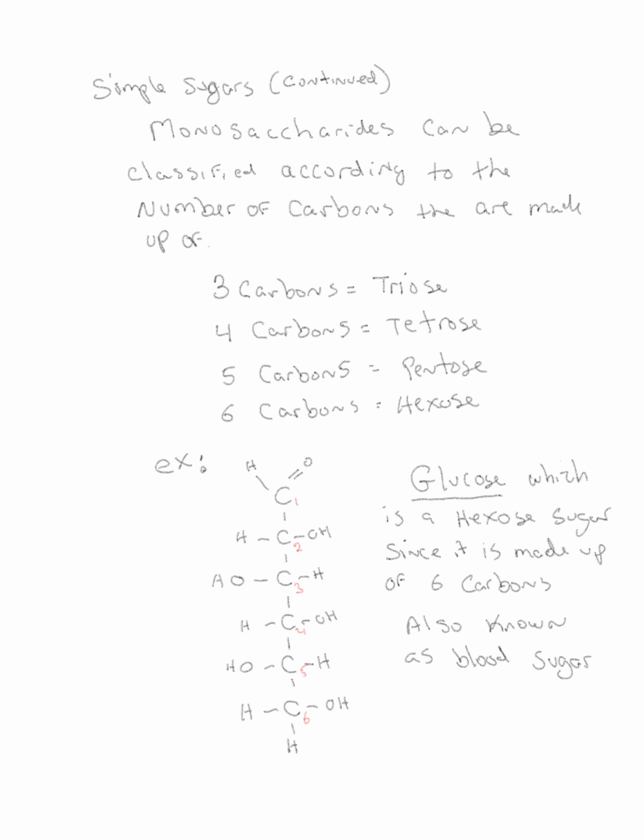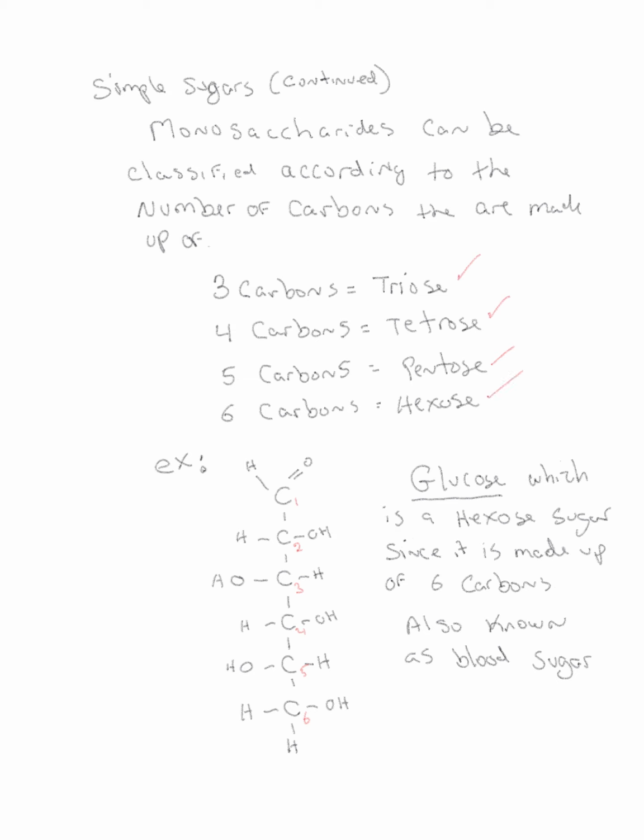So monosaccharides, which we said are simple sugars, can be classified according to how many carbon atoms they have. If a monosaccharide has 3 carbons, it's referred to as a triose. If it has 4 carbons, it's referred to as a tetrose. If it's composed of 5 carbons, it's called a pentose. If it has 6 carbons, it's referred to as a hexose.